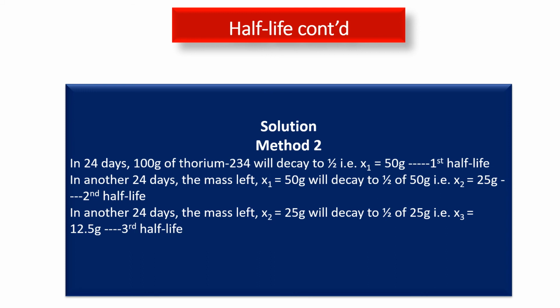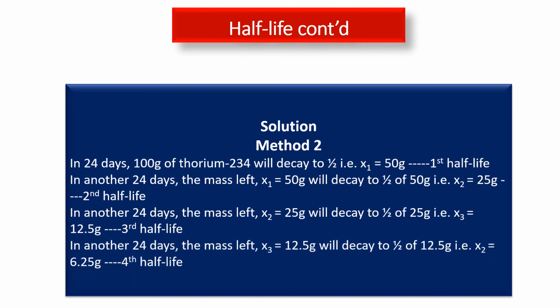In 72 days, 100 grams of thorium-234 would have decayed to 12.5 grams. Okay, so in another 24 days, the mass that was left after the third decay or third half-life, which is 12.5, will also decay to its half, which is 6.25 grams.